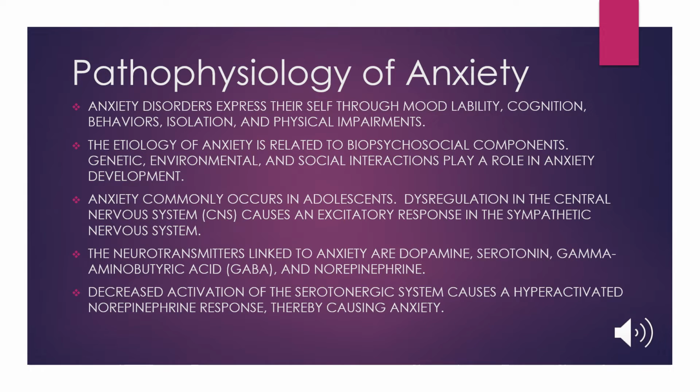The neurotransmitters most commonly linked to anxiety are dopamine, serotonin, gamma aminobutyric acid, or GABA, and norepinephrine. Decreased activation in the serotonergic system causes a hyperactive response in norepinephrine, thereby causing anxiety in the adolescent.